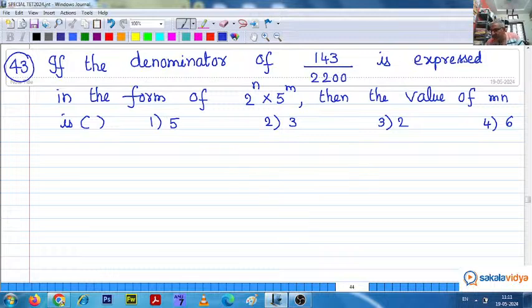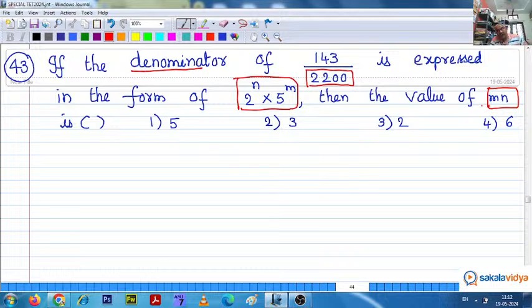Yes, try this question. Question number 43. See, if the denominator is expressed in the form of 2 to the power of n into 5 to the power of m, the value of mn you need to find out.